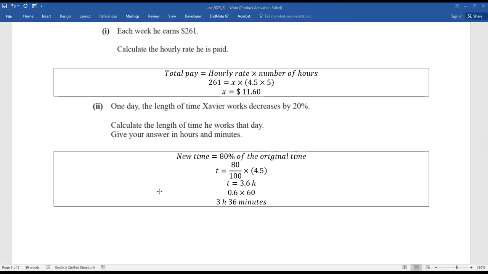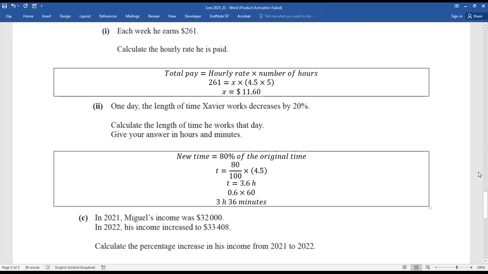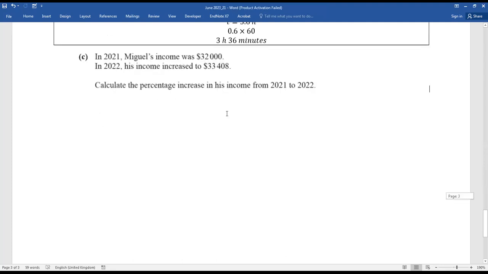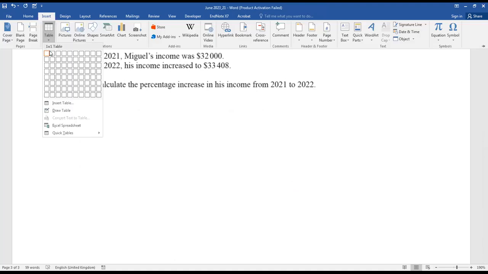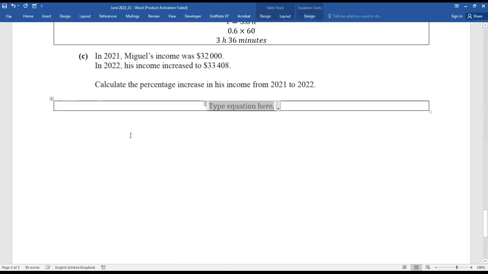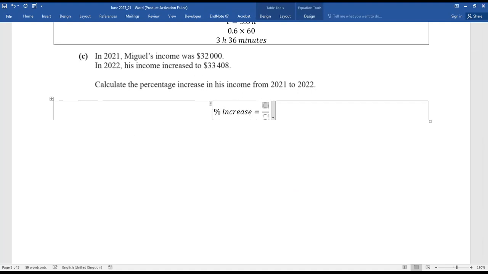Moving on to part C. In 2021, Miguel's income was 32,000. If we need to find the percentage increase, how do we do that? We find the increase and we divide it by the original value and times 100.